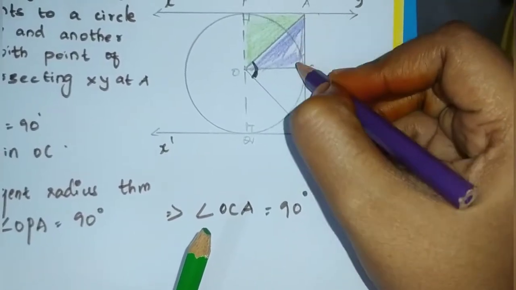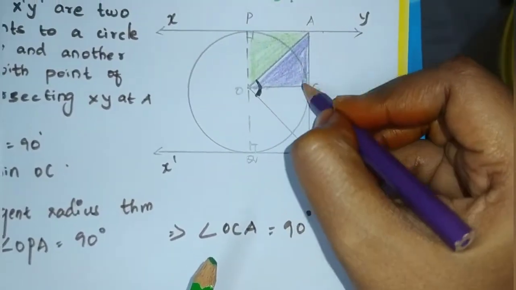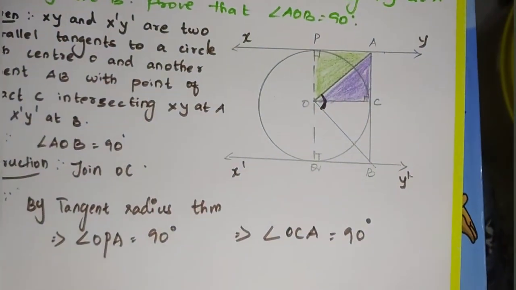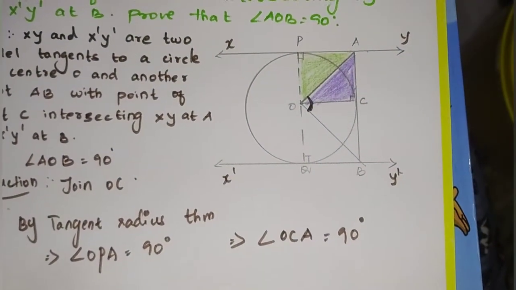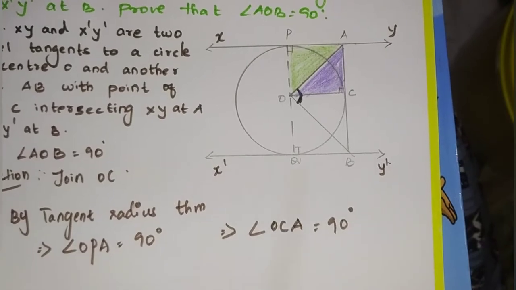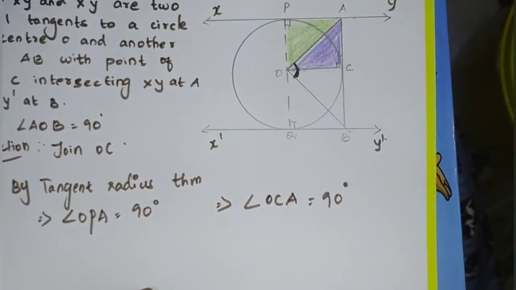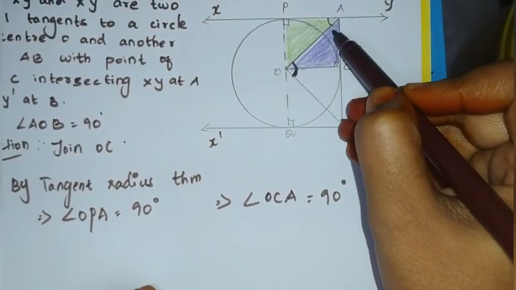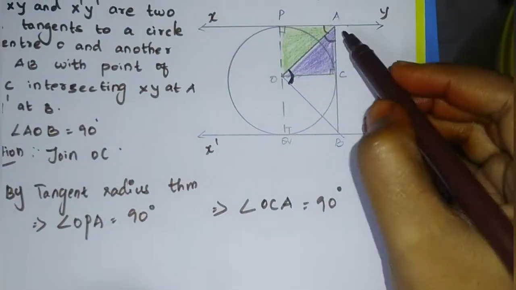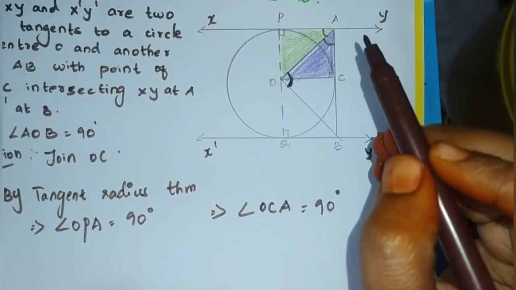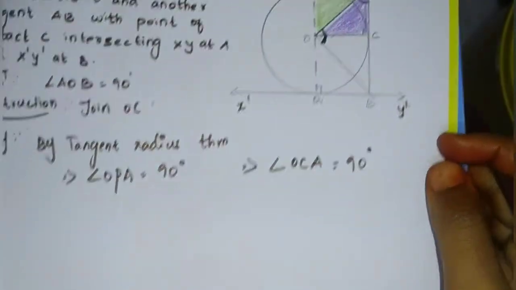And I'm going to tell that the two triangles are congruent, and if the two triangles are congruent, I can tell this angle and this angle will be equal. So for that I am going to take these two triangles first.